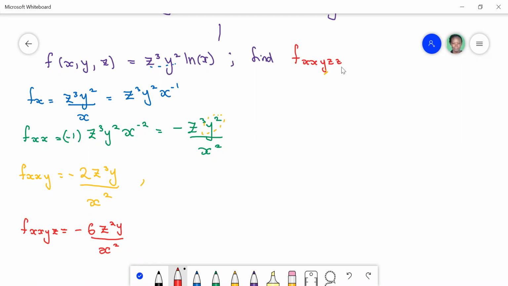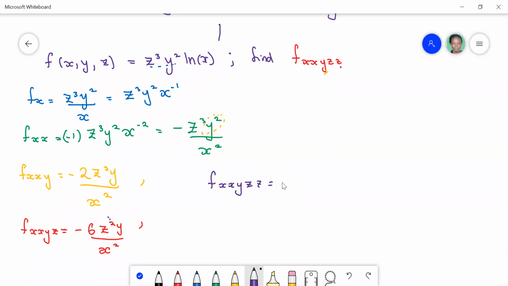Then the last term, which is this. So for my last term, I have f_xxyzz. It means that the results you had, we differentiate with respect to z. So I'm differentiating this with respect to z. So I have what?